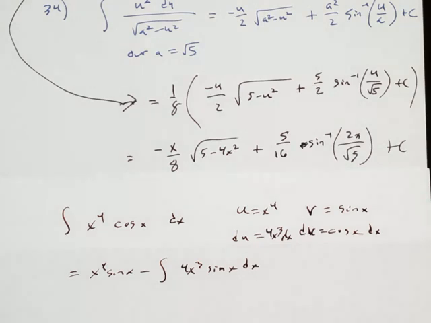If I do that integration by parts, I'm going to get another integration by parts. I'm going to have to do integration by parts 4 times to get this problem finished.